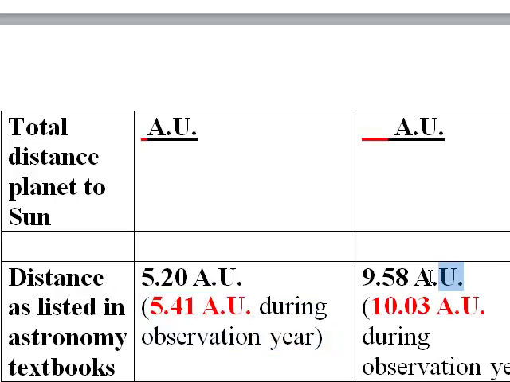Similar here for Saturn, 9.58, and during the observation year that's actually a little further out again. And I'm going to do all the numbers here for Jupiter, while it is your task to do the ones for Saturn.